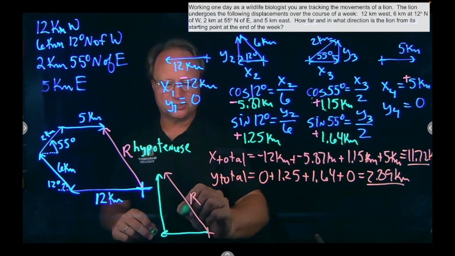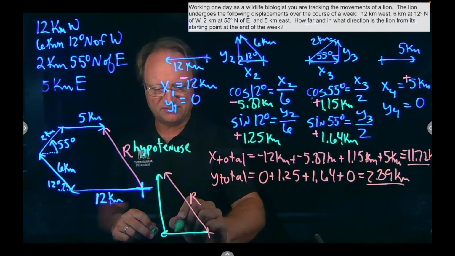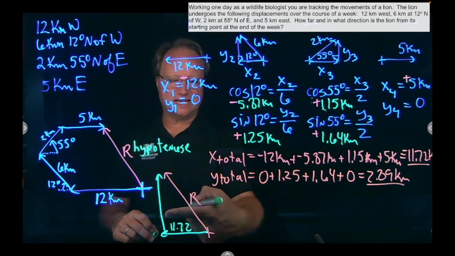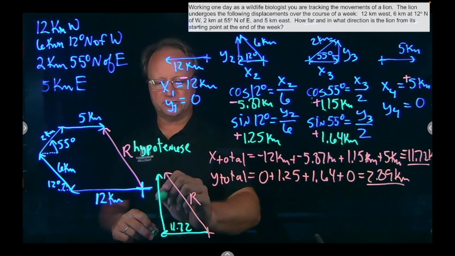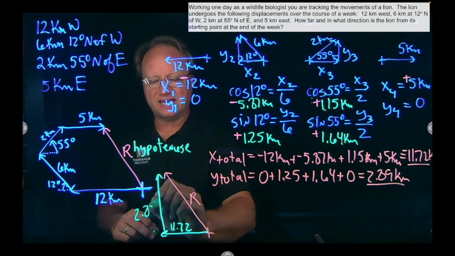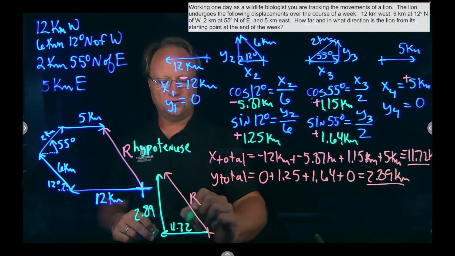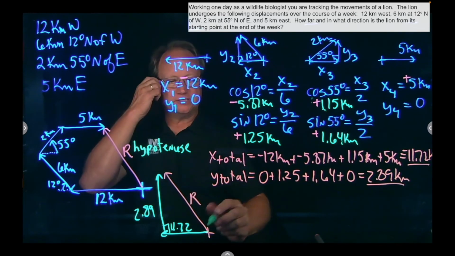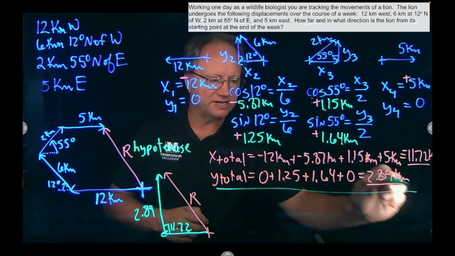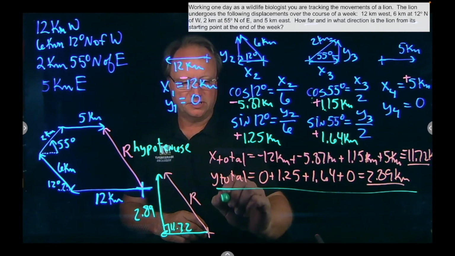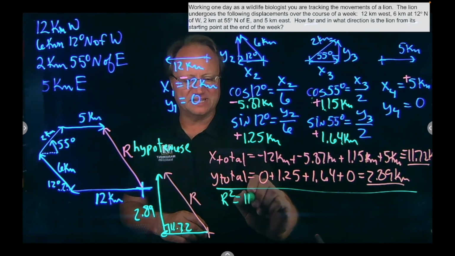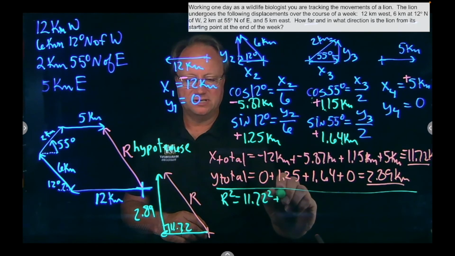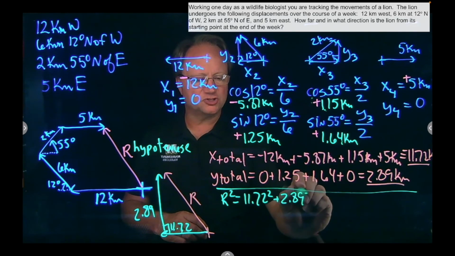My total in the x direction is 11.72 in the negative direction, my total in the y direction is 2.89. Now we have a right triangle, so now we can use our normal trig to be able to find our resultant. R squared equals 11.72 squared plus 2.89 squared.